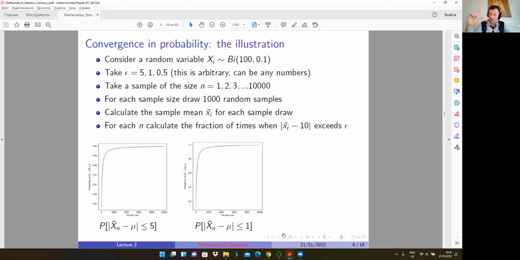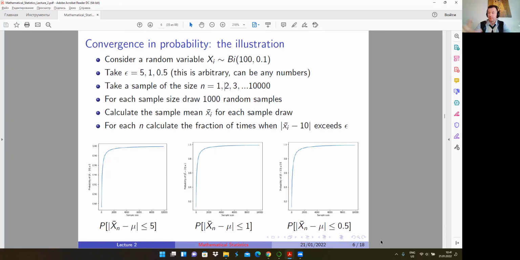So when I make this difference tighter, when I want the deviation of a sample mean from the true population mean to be no more than 1, again, the probability that this will deviate by more than 1 will very soon become 0, and the probability that the difference between the sample average and 10 will be within this interval of 1 becomes very close to 1.